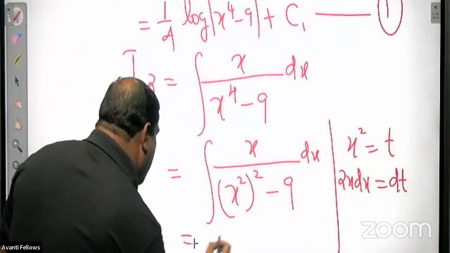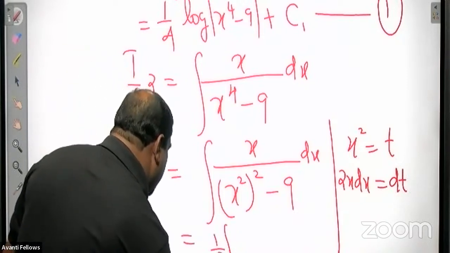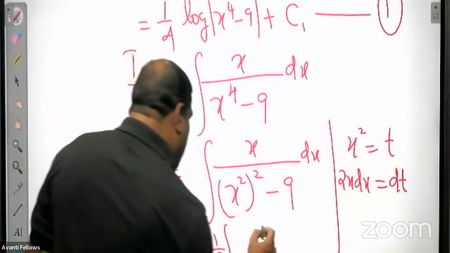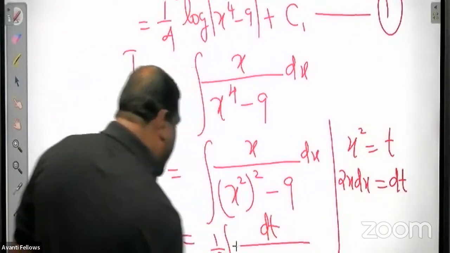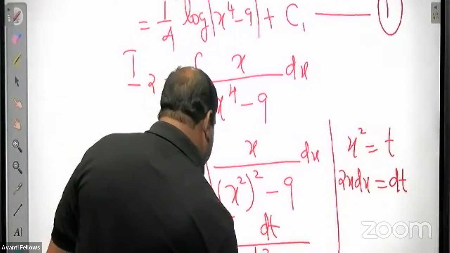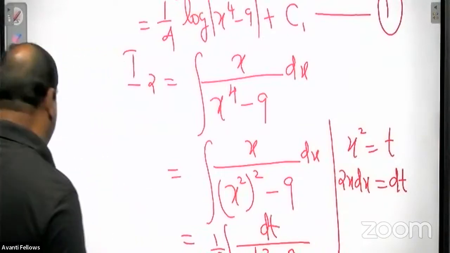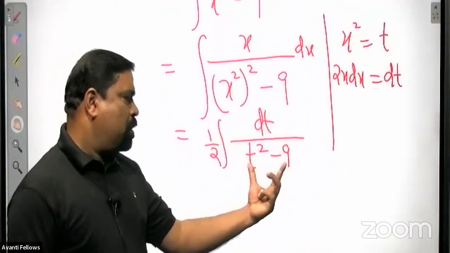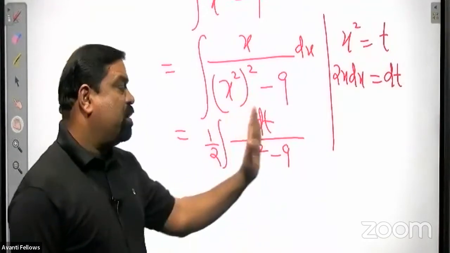So this integral reduces to 1 by 2, half dt, so 1 by 2 is taken outside, and dt divided by t square minus 9. Now it is a standard integral, isn't it? 1 by x square minus a square form.